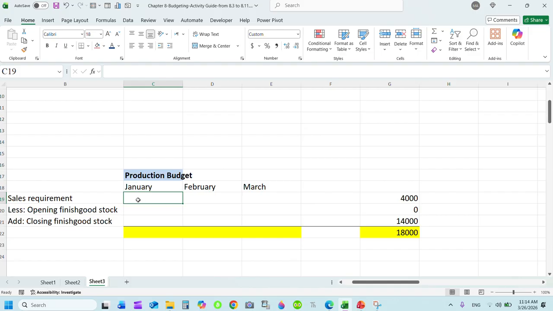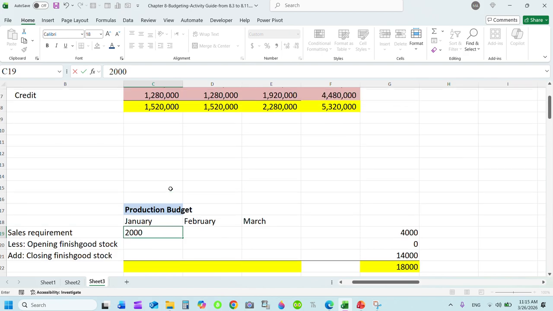So one of the key important factors that decide the number of units to be produced is your sales requirement, because your production must meet your sales requirement.